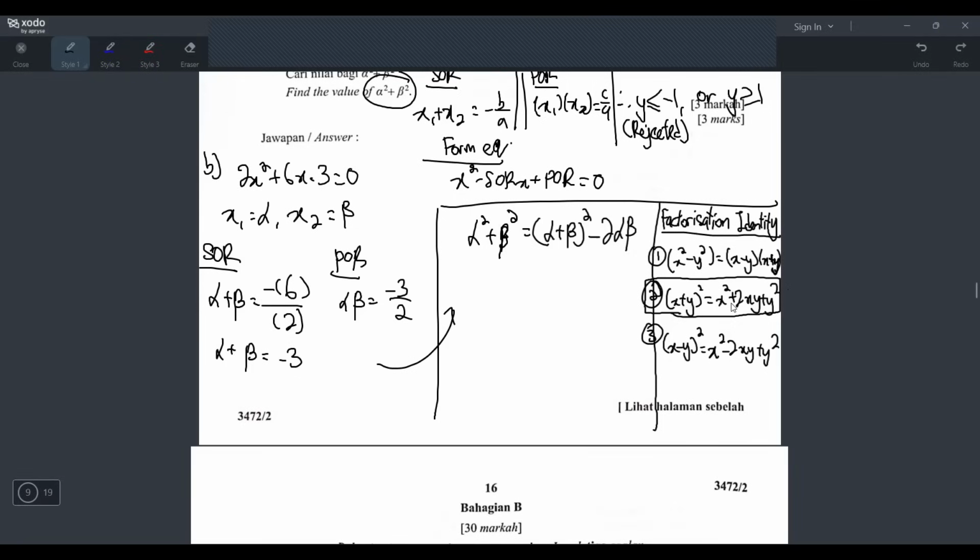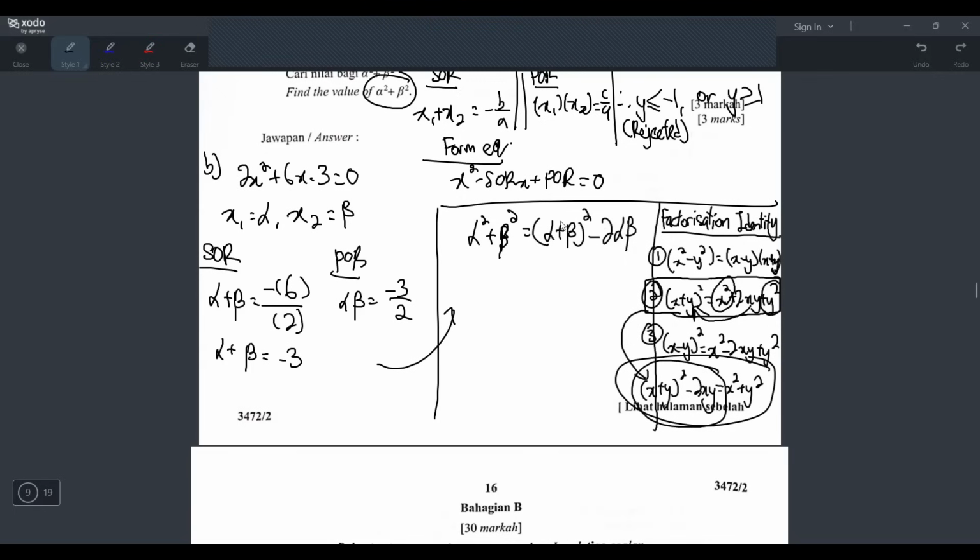Because if you want the x square and the y square to be left here, you have to move the 2xy to the other side, right? So if I want to find x square plus y square, I will leave the x square y square here, and then the x plus y bracket square have to minus 2xy. So that's what I'm doing now. For alpha square plus beta square, it will be the same as alpha plus beta bracket square minus 2 alpha beta. Okay, it means I'm using this formula, but I have to move a bit, right?